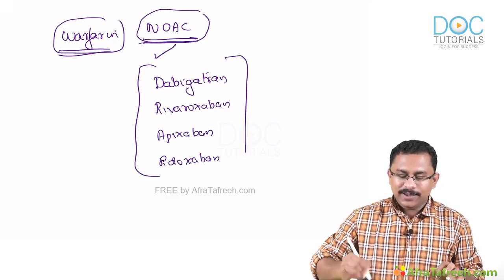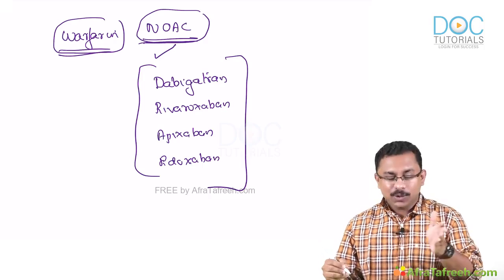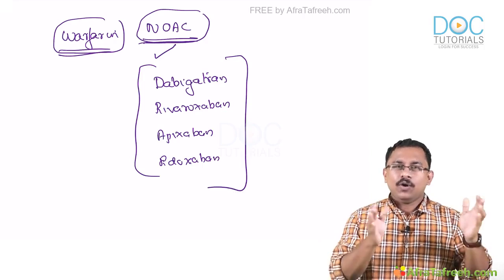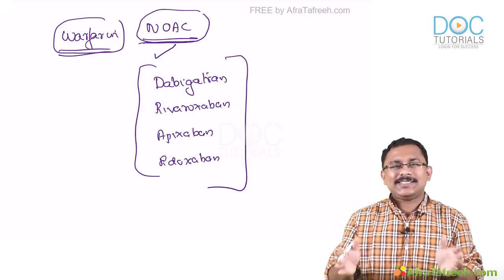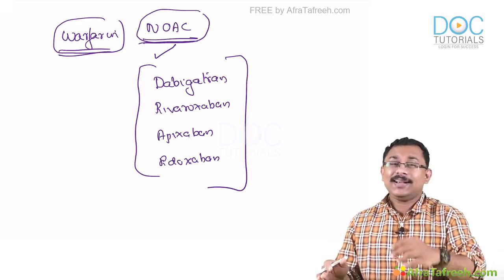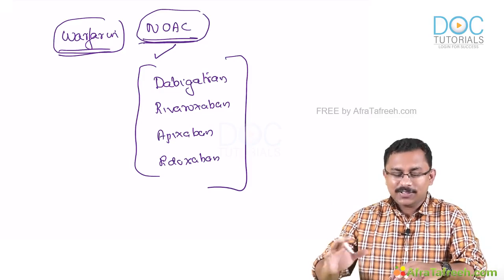The NOACs have a distinct advantage over warfarin. I have already discussed the comparison of warfarin versus NOACs in the neurology module, under cardioembolic stroke, where I have compared the advantages and disadvantages of each of them.